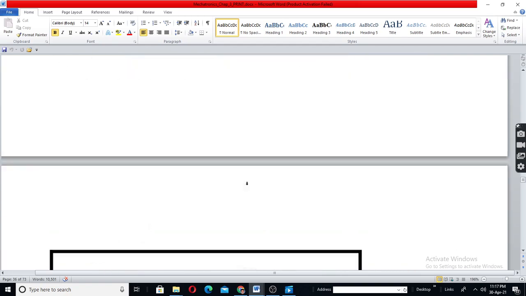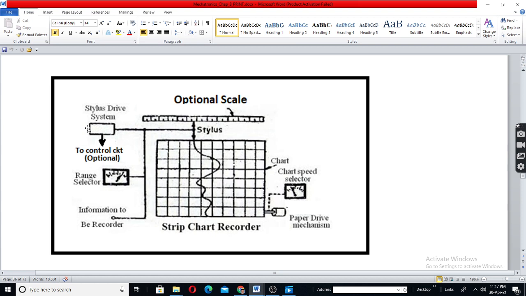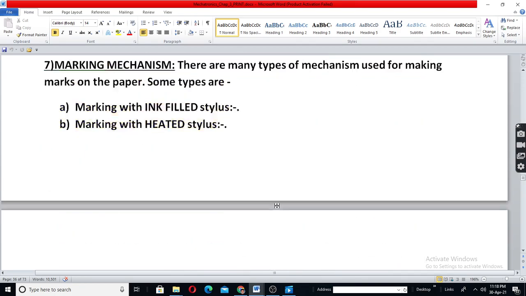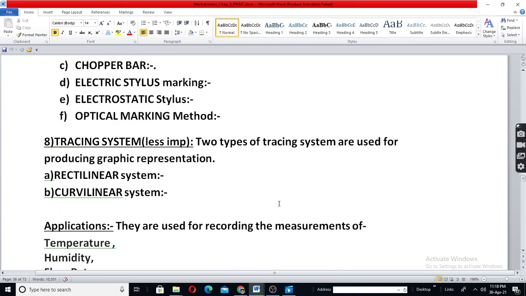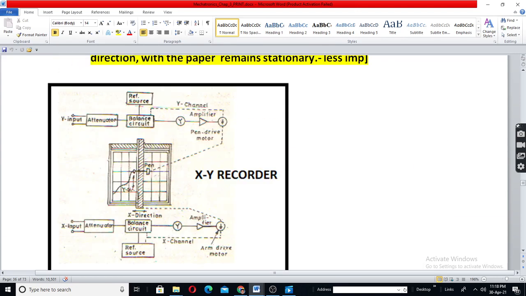In the XT recorder, the pen is moved by only one input: the pen is moved by the data, and the chart is moved by the motor according to the time or selected scale. But here the paper is not moved. The pen is moved by two signals. Both the signals x and y are given to the pen.